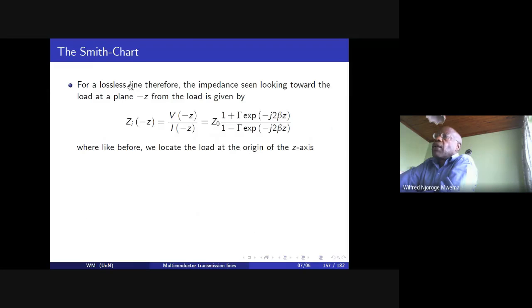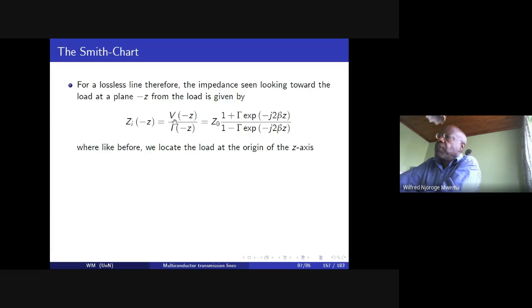So for a lossless line, the impedance looking toward the load at a plane minus Z from the load is given by Zi at minus Z. Remember, we are measuring Z at the load, and by saying minus Z, we are going towards the generator.